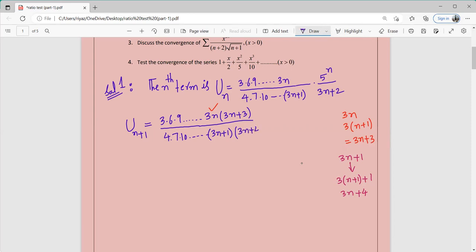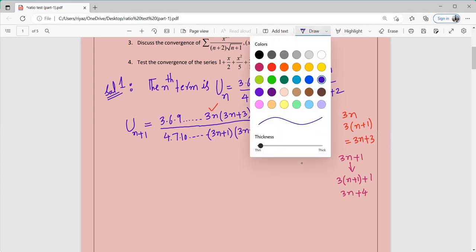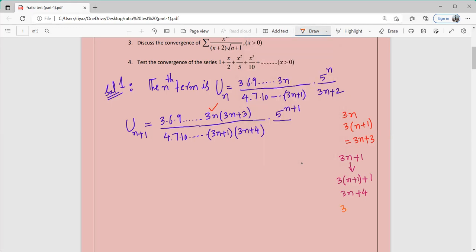हम्म राइट। Into here you see what I am going to do, 5 as it is, जहां भी n है वहां पे क्या रखना है आपको, n plus 1 divided by 3 times, इसको भी रफ कॉलम में करके बता देता हूं आपको। Look at here, this is the rough work. 3 here in place of this n we are replacing with n plus 1 plus 2.